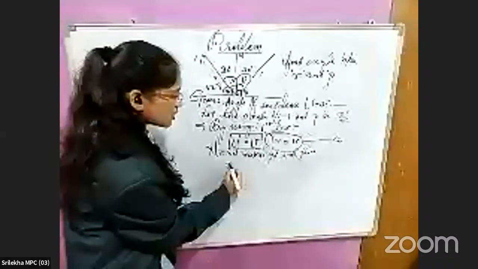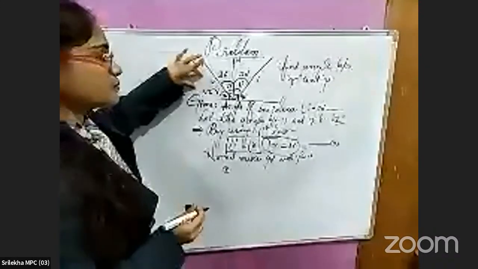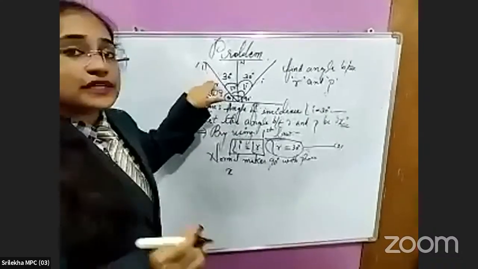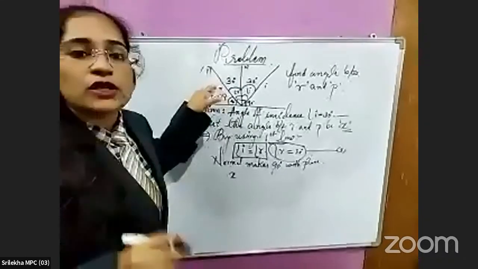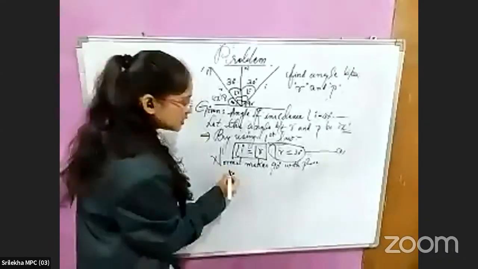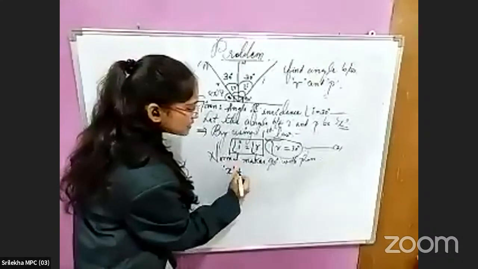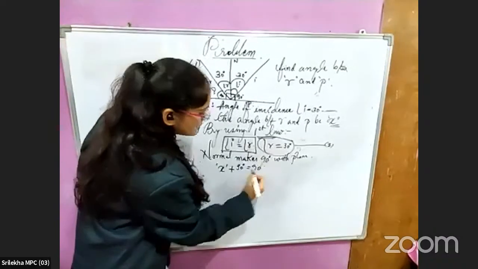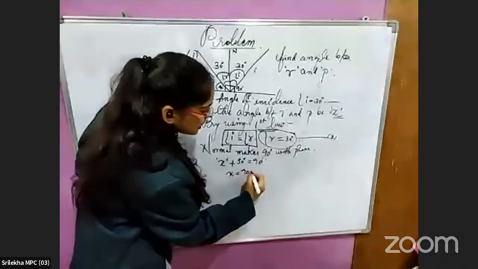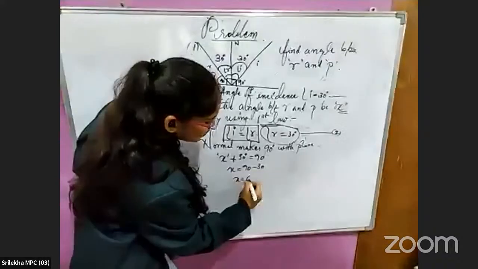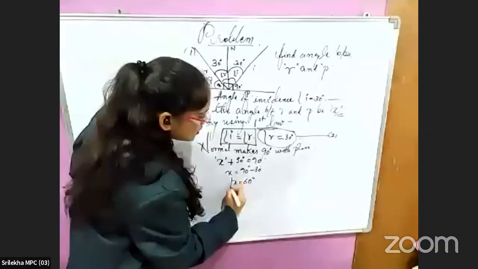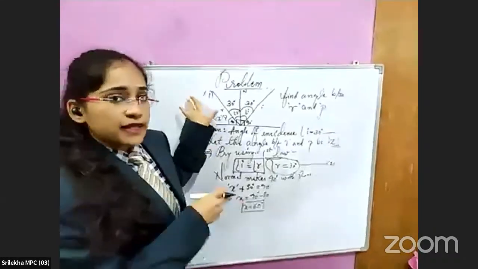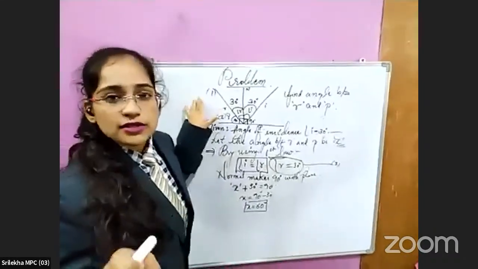The sum of the angle made by the reflected ray and the plane and the angle made by the normal and the reflected ray should be equal to 90 degrees. So here, angle X plus angle of reflection, 30 degrees, should be equal to 90 degrees. So X equals 90 minus 30, and X equals 60 degrees. So the angle between the reflected ray and the plane, which was asked, is 60 degrees.